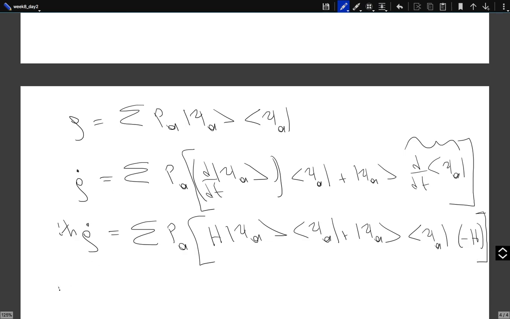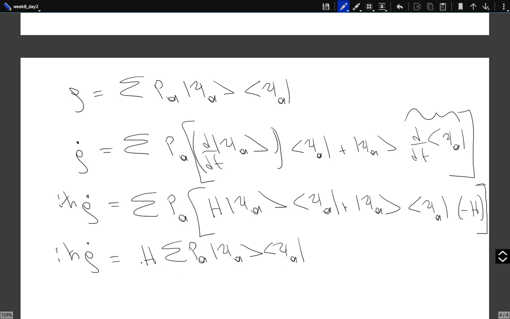Well, this is nice. i h bar rho dot, in the Schrödinger picture, keep in mind, is equal to H times the sum over A of P_A |psi_A><psi_A| minus the sum over A of P_A |psi_A><psi_A| times H.